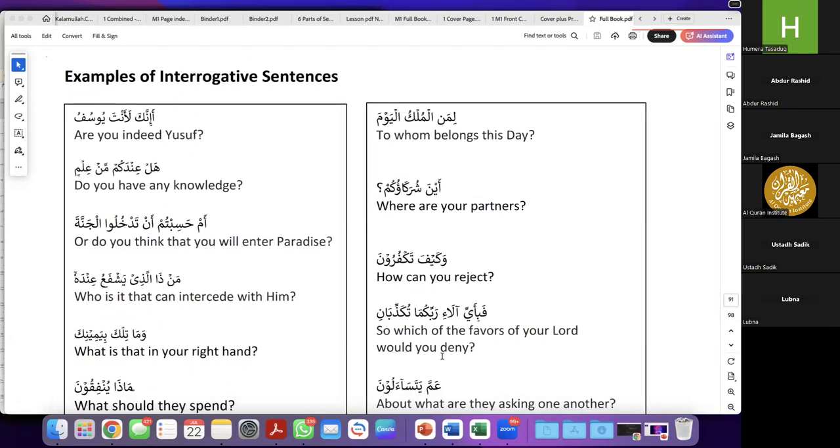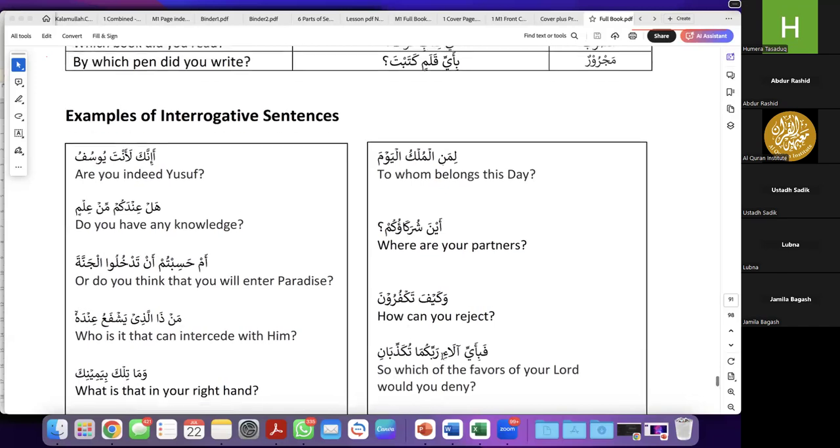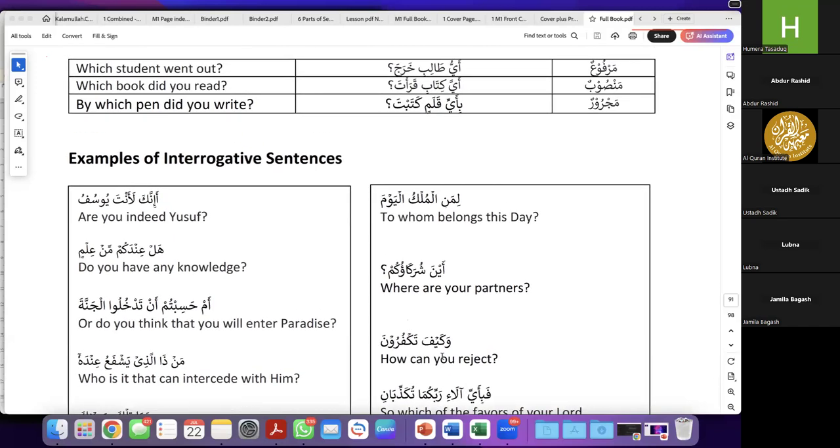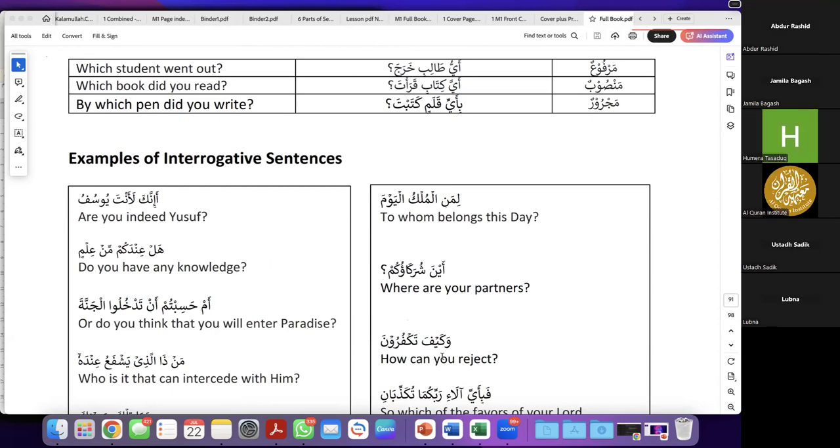Sister Humaira wants to say something. Is ayyu the only zarf that is used in istifham? Correct, sister. Alhamdulillah, at the moment, this is the answer. Just bear in mind, for now, this is the one used in the Quran, and there's no other istifhamul adawat doing a similar job.